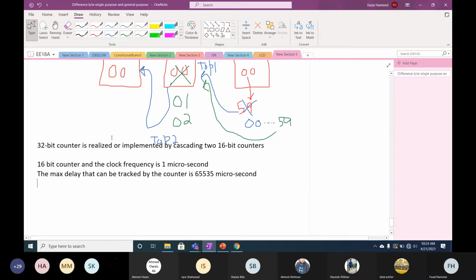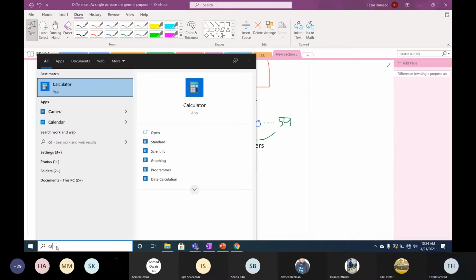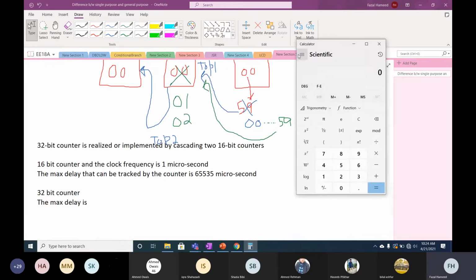Now if you use a 32-bit counter, what is the maximum delay? So now you use a calculator, in scientific mode: 2 to the power 32 minus 1. This is the maximum delay.